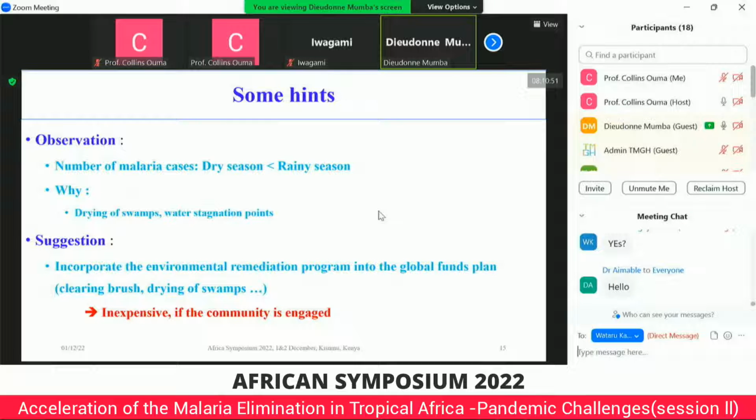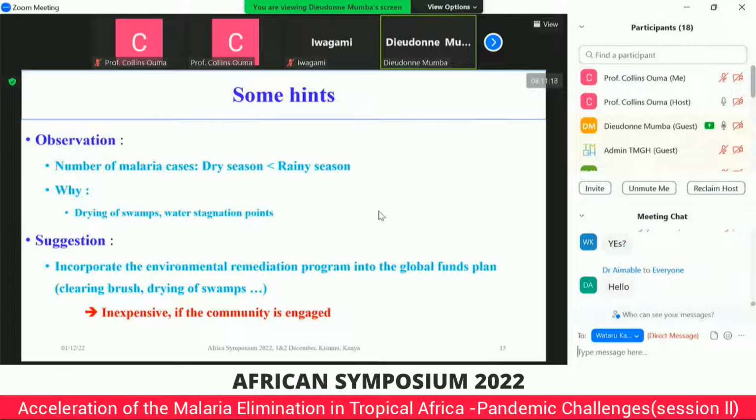And for me, it is surprising that malaria control policies don't sufficiently integrate environmental remediation measures that don't require much resources compared to other interventions. People prefer to spend a lot of money on costly interventions that have shown their limits.